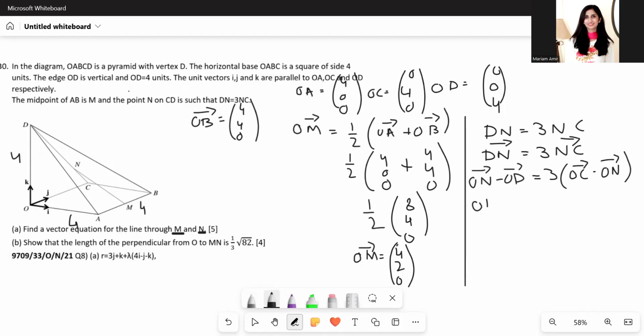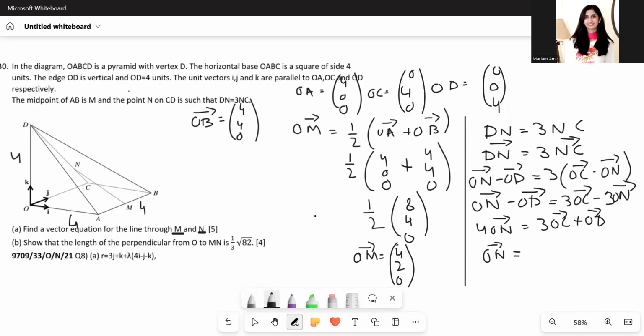So if we make ON the subject here, we would be getting 4ON equals 3OC plus OD. So that would be 1 over 4 of 3OC.